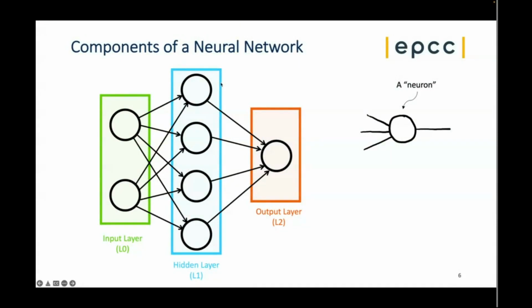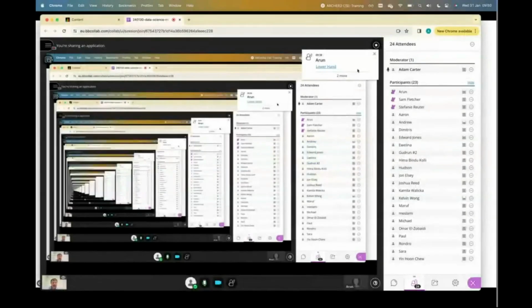You can also, of course, change the number of neurons in each layer, but the depth means that you could have hidden layer 1, hidden layer 2, hidden layer 3, hidden layer 4, and an output layer at the end.